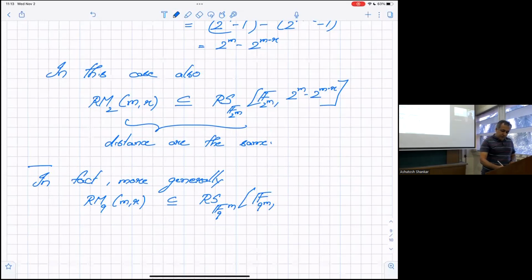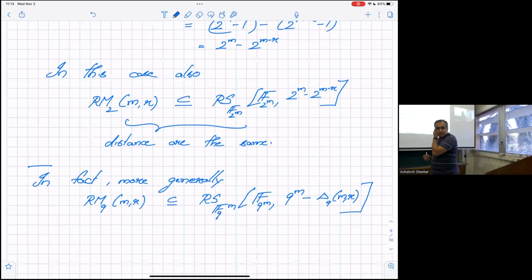And what will the distance be? It will be q^m minus delta q. The degree will be the bound of it, so that you exactly get the right distance. This is another way of proving that the Reed-Muller code has this distance. Here you know it has this distance, therefore it has this. So this is a fact that I will leave with you.